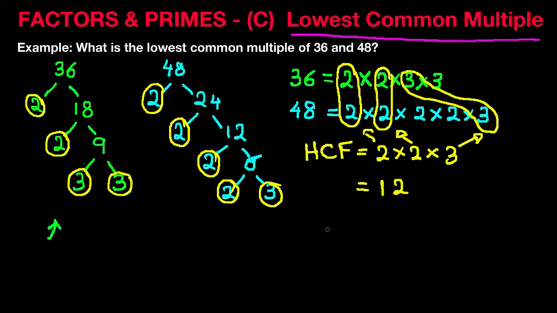We are now going to work out the lowest common multiple. Now the lowest common multiple is simply the highest common factor, which is 12, times all the numbers that we have not used so far in the prime factors. So we have a 3 here.